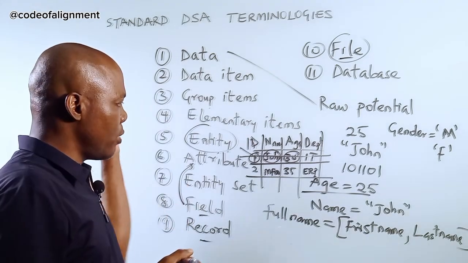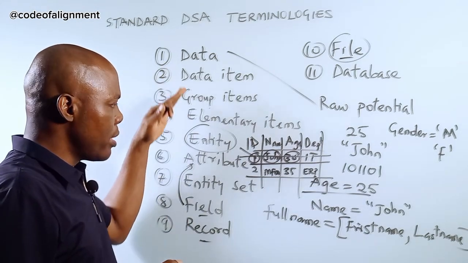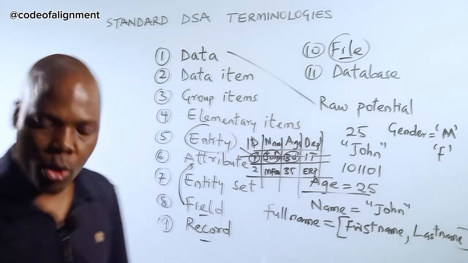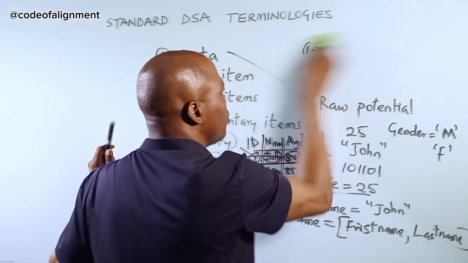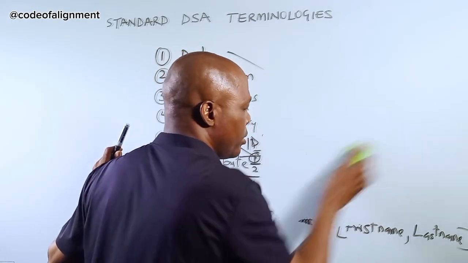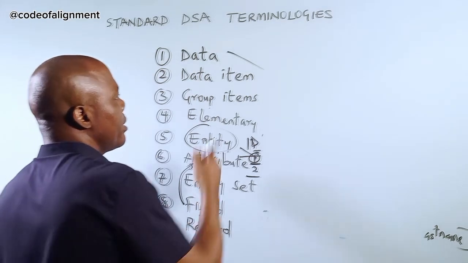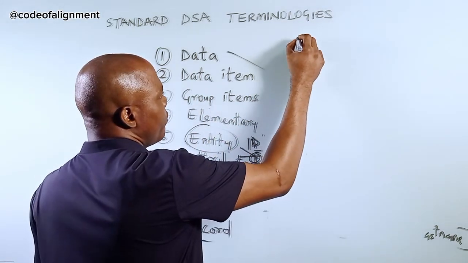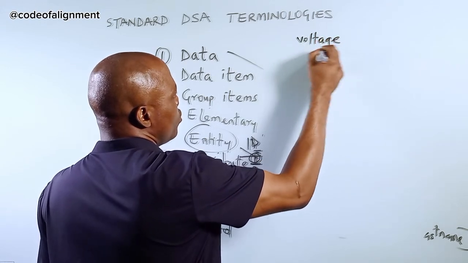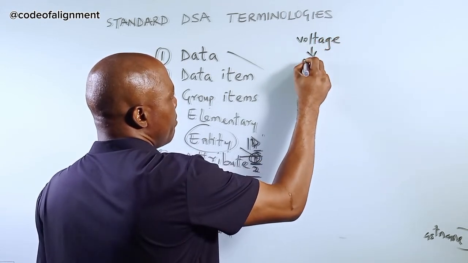So that is basically what I want to show you this represent. Now, with this, we can draw our structure again. We went from voltage, right, to binary.